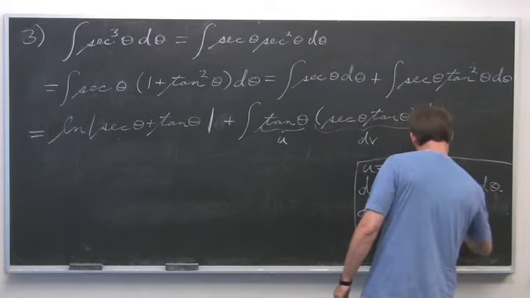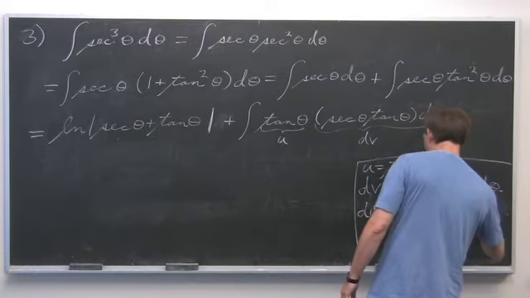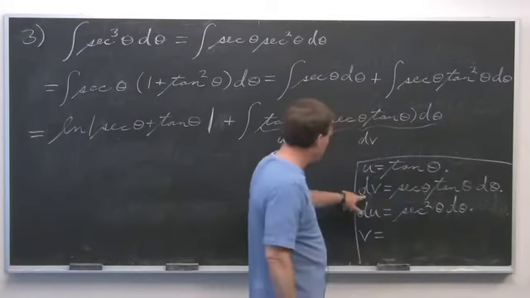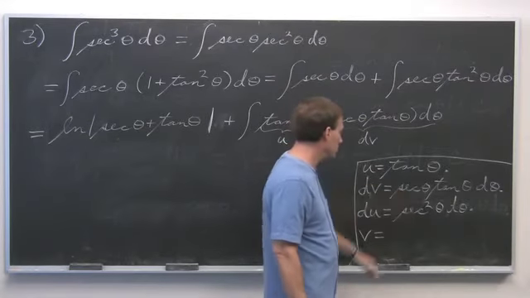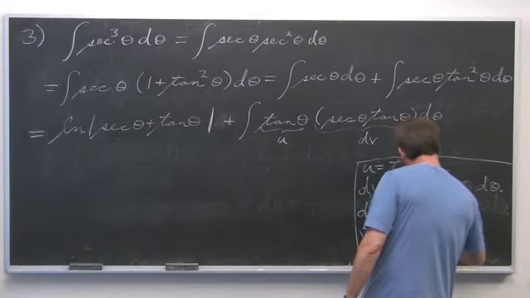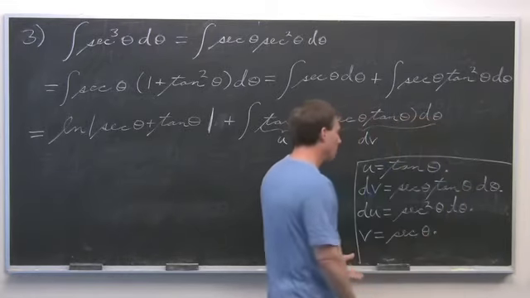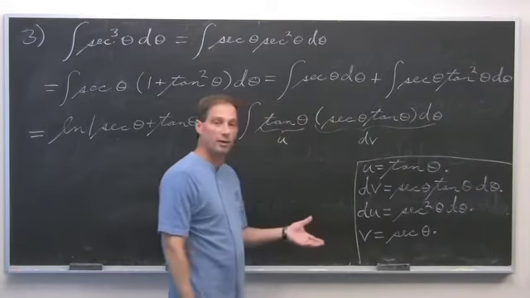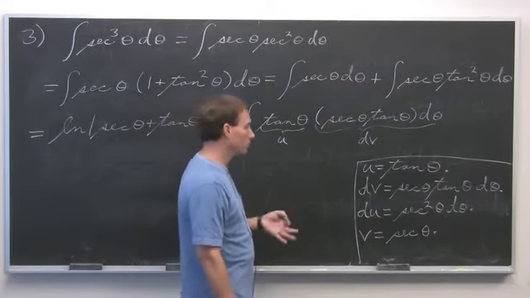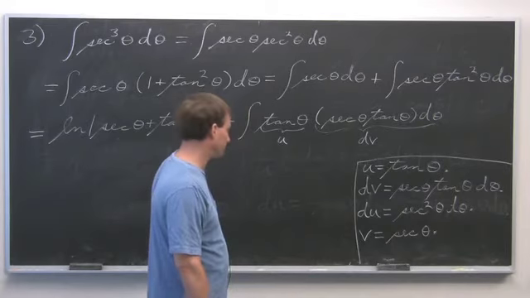So we get secant squared theta d theta for du. And v is the integral of dv. And as I said, the integral of this is just secant of theta. You could put in plus a constant, but remember, when we're integrating by parts, we don't need the most general thing. We need one antiderivative, so we don't usually bother putting on the plus c.